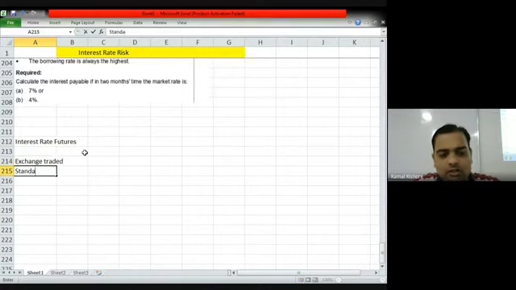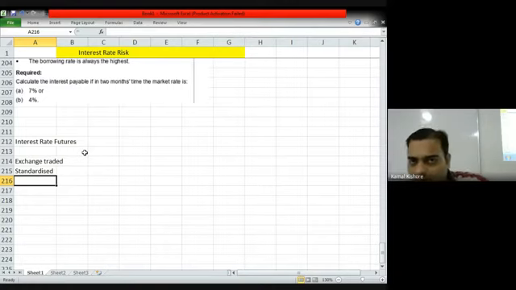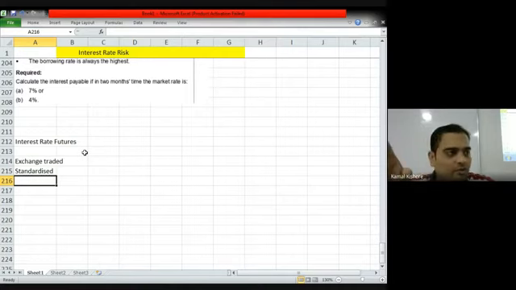They are standardized. They're not customized. A forward rate can be customized. You can enter into a forward rate agreement 48 days from now, 36 days from now, 39 days from now. But futures are not like that. Futures will have fixed maturity: 30 days, 60 days, 45 days, 1 month, 2 months, 6 months. And the notional will also be fixed. The rates will also be fixed.